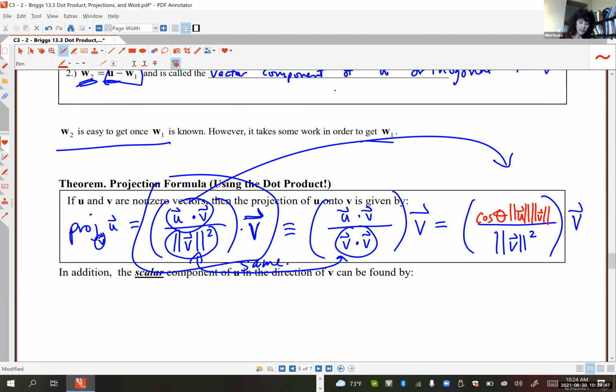And then reduce this to lowest terms. Does anything cancel? Do you see anything that might cancel? No. You can factor out one of the magnitudes of V and then reduce this to lowest terms. And so the scalar that you get looks like this times your vector V, okay?